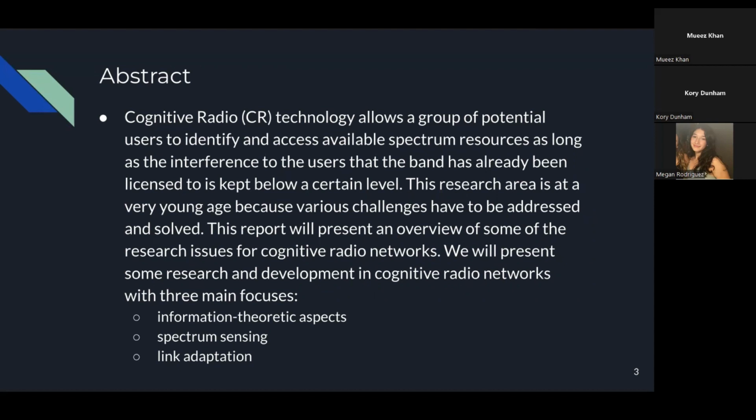This report will present an overview of some of the research issues for cognitive radio networks. We will present some research and development in cognitive radio networks with three main focuses: information theoretic aspects, spectrum sensing, and link adaptation.